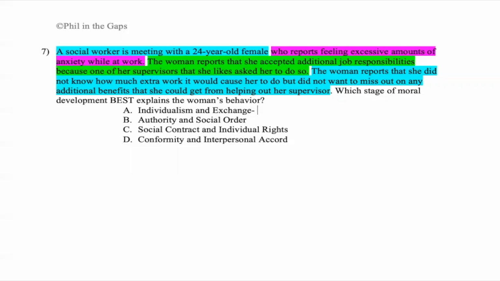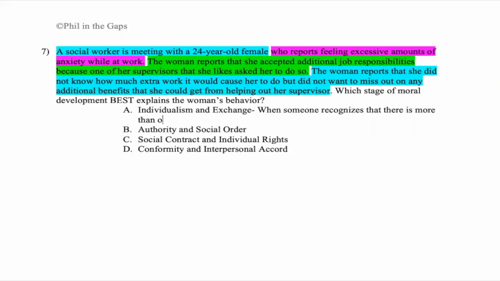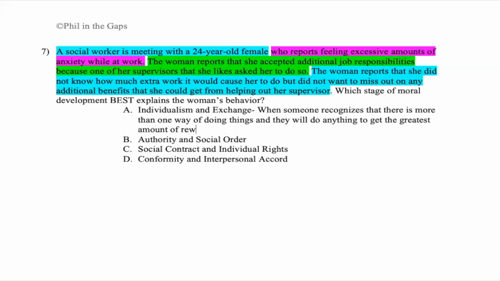A, individualism and exchange is when someone recognizes that there is more than one way of doing things and they will do anything to get the greatest amount of reward for themselves, because it's all about them. They're giving up a part of their individuality, but it's in exchange for a great sum of reward.